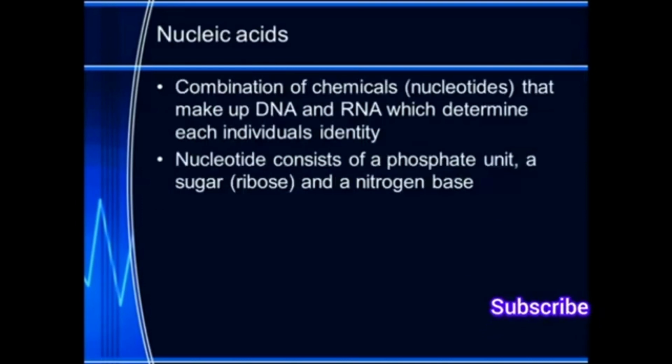Nucleic acids are a combination of chemicals that are essential for the structural formation of that which we've heard about so much in different TV shows and the rest, which is DNA and RNA. Nucleotides make up DNA and RNA, and they determine an individual's identity. A nucleotide consists of a phosphate unit, a sugar in the form of ribose, and a nitrogen base.